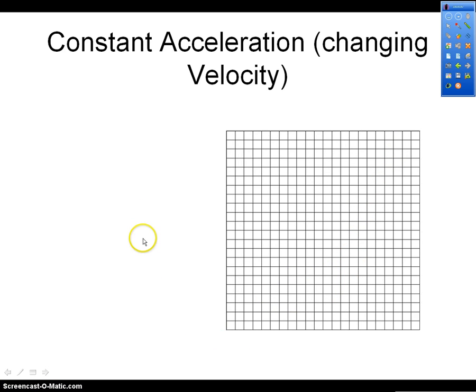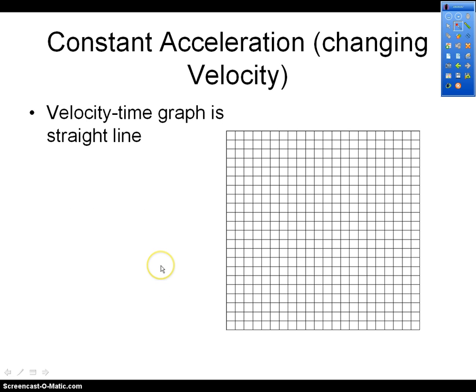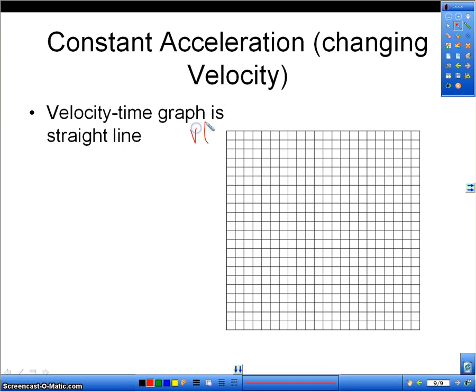Okay, so the velocity time graph for a constant acceleration motion: since the object is speeding up, if I were to watch the velocity, I would see that the velocity is getting larger and larger at a constant rate, and that is a straight line. So for this one, you're going to get a straight line on a velocity time graph.